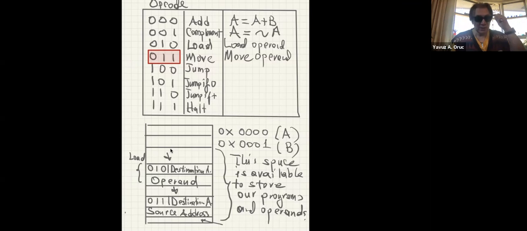So the jump instruction is something very simple. What that does is make the program counter jump to a location in my program, which I can specify. Okay, so let's just say jump to a location.